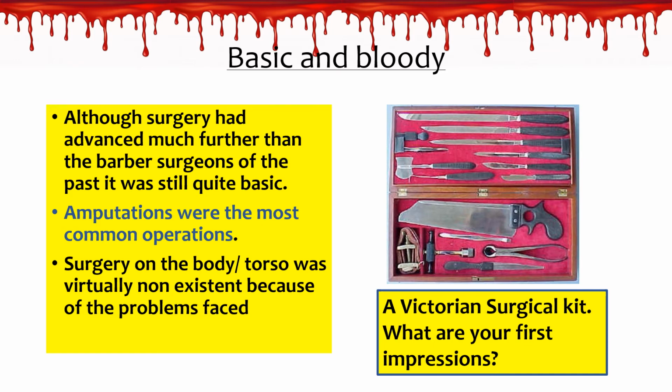And then you've got this viewing area, because a lot of operations were actually done in a public gallery so that people could go and watch the person being operated on, which seems a little bit strange to us. But the thing that should be really shocking is the fact that there is a bloody apron there. There are tools which are obviously not in any kind of cleaning solution. There is blood that's still on that bench, and that wouldn't necessarily be cleaned up before the next person went in to have their operation.